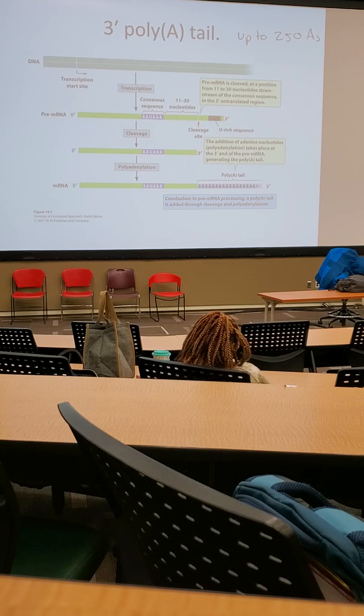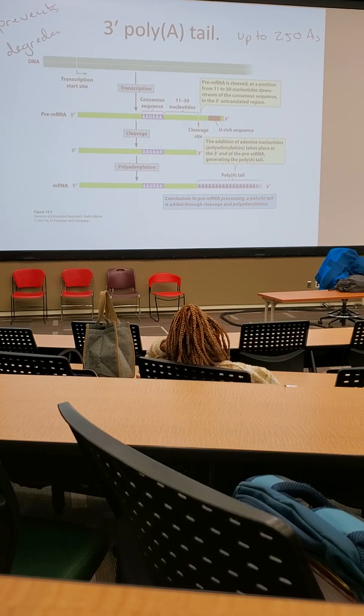So we know it's really important for this poly-A. But why it's not essential in all genes is still an open question for research. So what is this doing again? It's really helping degradation. The first one was important for nuclear export and degradation. This one's mostly just for degradation.